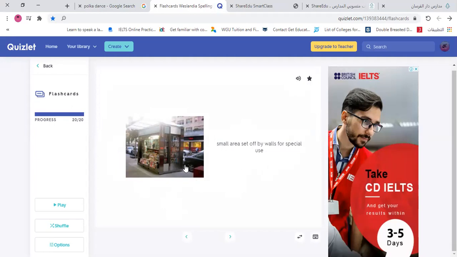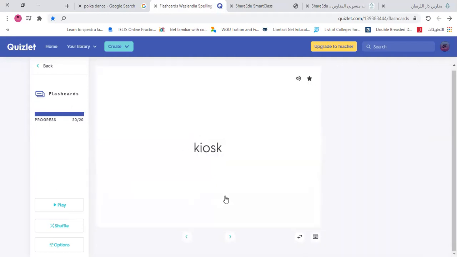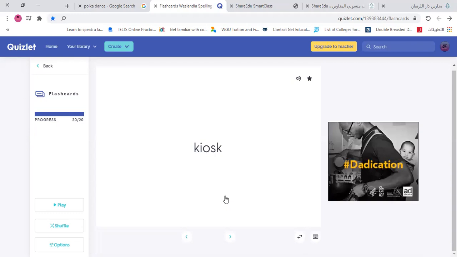Usually they use it for selling goods for people, baqqala or ice cream or potato or whatever. It comes from the Turkish language. That's why we have it in Arabic, kushuk, and in English the same word, kiosk. Okay, my girls, easy peasy. The words are nice now. You understand it? Easy peasy, lemon squeezy.